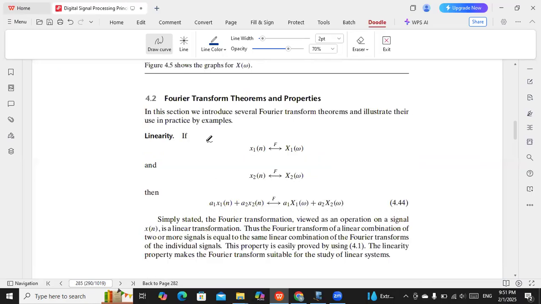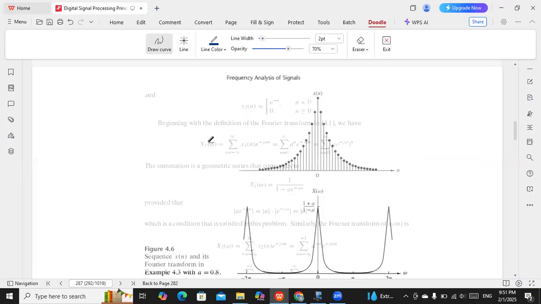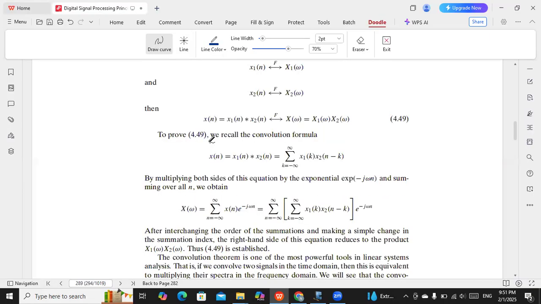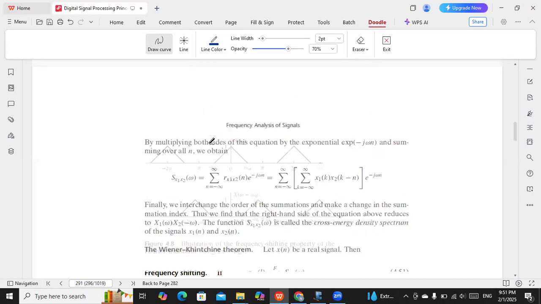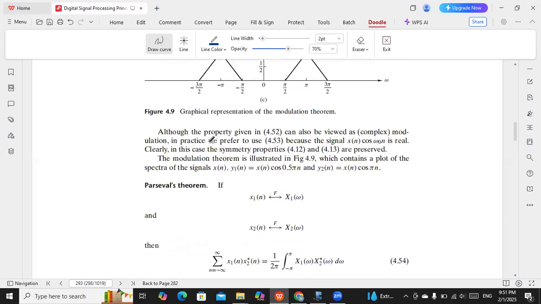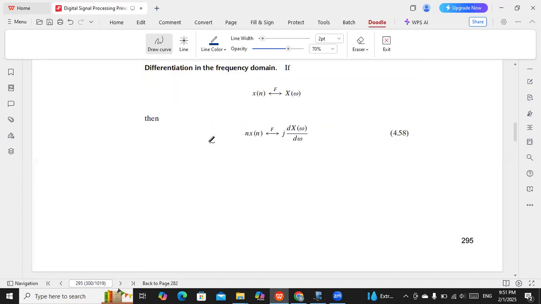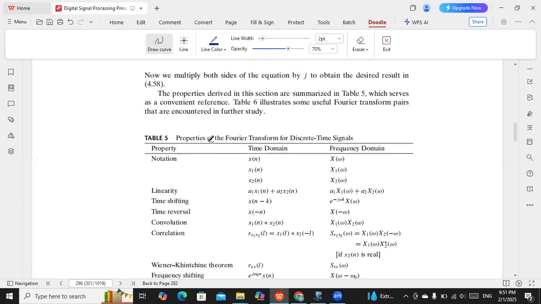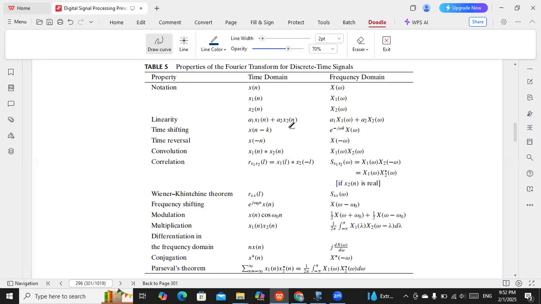There are other properties also. This one is the properties of the discrete time Fourier transform, and you can see the notation here.